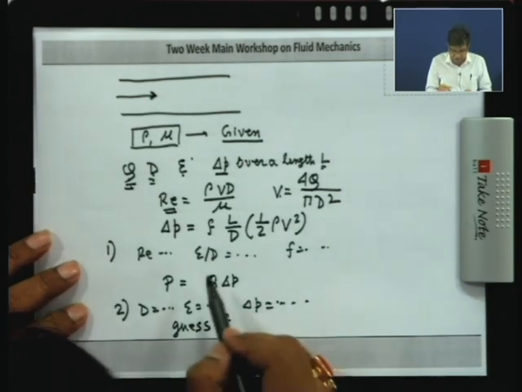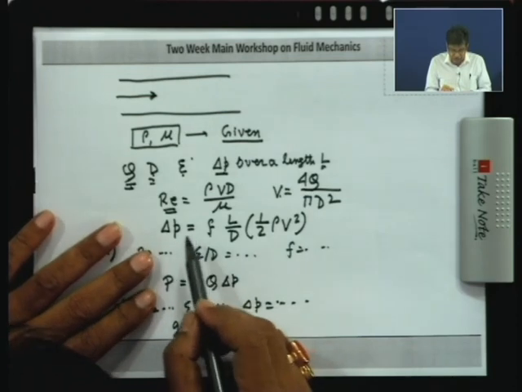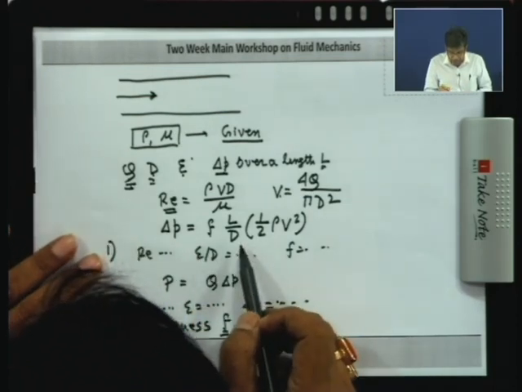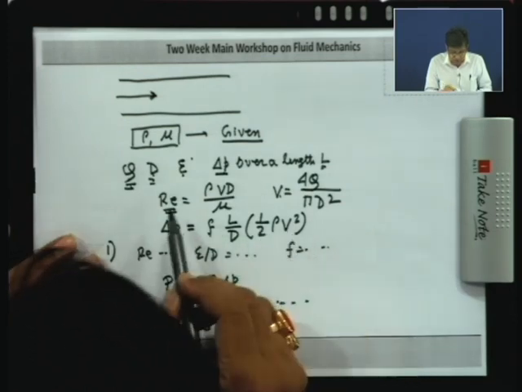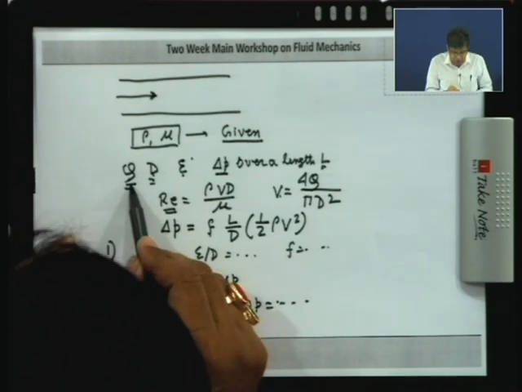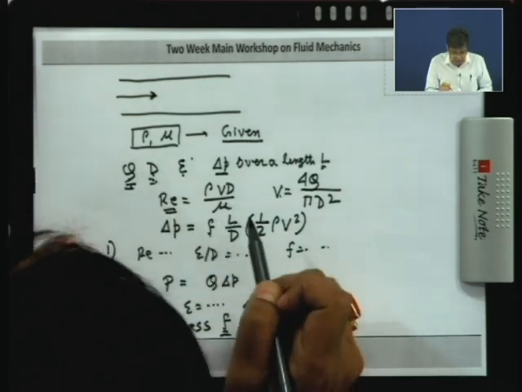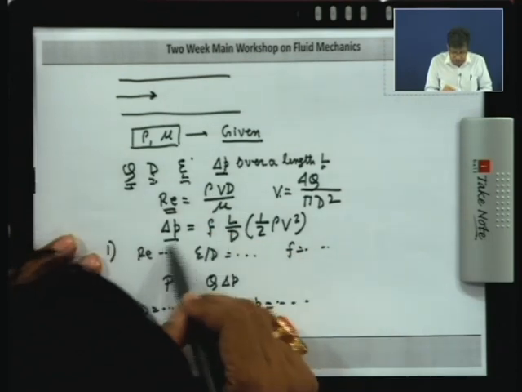When f is guessed, then from this equation we can find out the value of V. The value of Q is not known, the value of D is known, the value of epsilon is known, and the value of pressure drop is known.